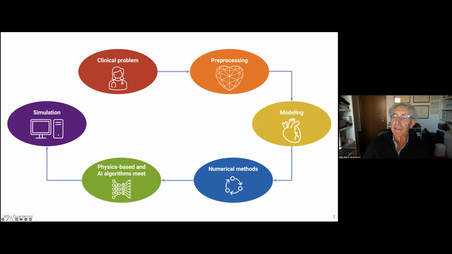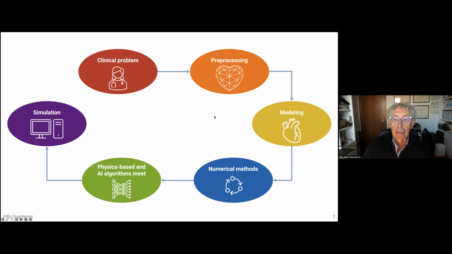Then we go to the mathematical model, and then to numerical methods to approximate them, and in the end with the simulation, and try to compare the results of our simulation with those of the clinical environment, and hopefully find a good agreement between the two approaches, say, the two sets of data. So this is the global picture.